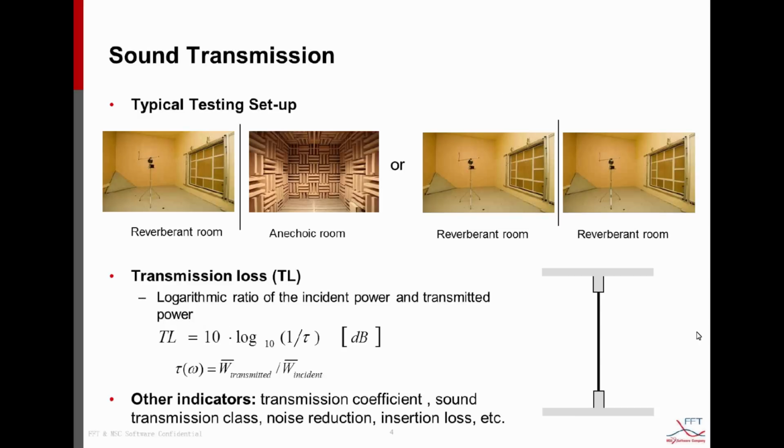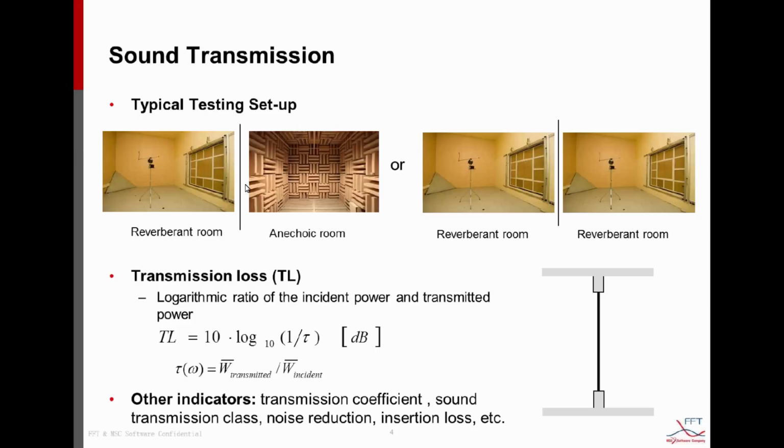Now, take a standard example of sound transmission testing for the automotive industry or for the construction industry. In testing, we often have these types of setups. Here on the left, we see a reverberant acoustic room next to an anechoic room, and the tested object is placed in between both rooms.